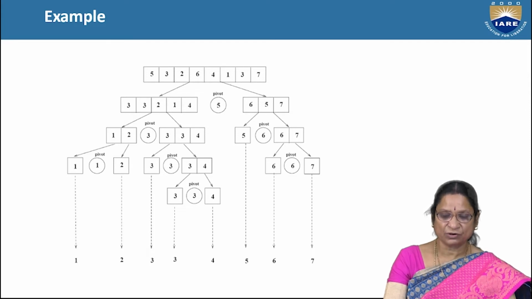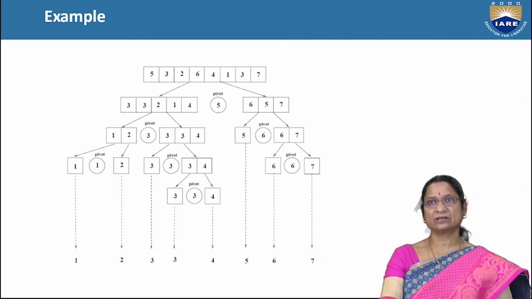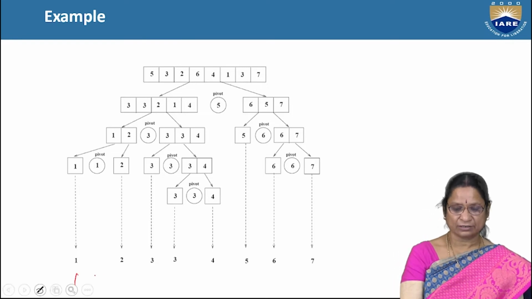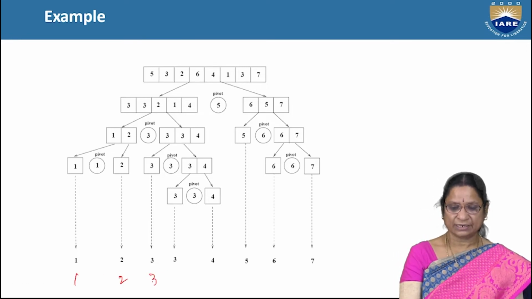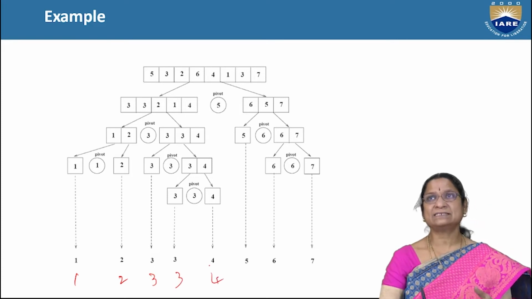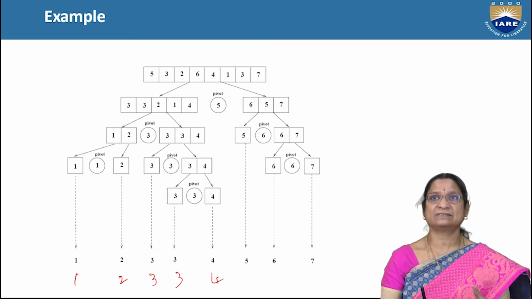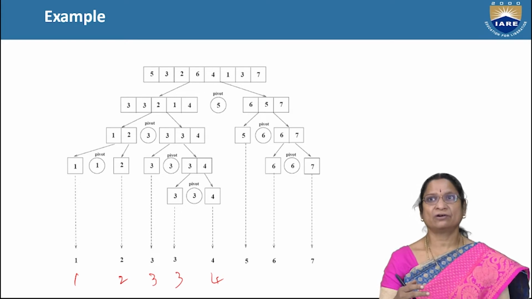Coming to 3, 3, 4 also, 3 is in one list, 3, 4 is another list, and 3, 4 is further subdivided into 3, 4. Now you observe what happens. The lists 1, 2 and 3, 3, 4: we are placing a pivot element in its correct position, meaning those are already in sorted places.